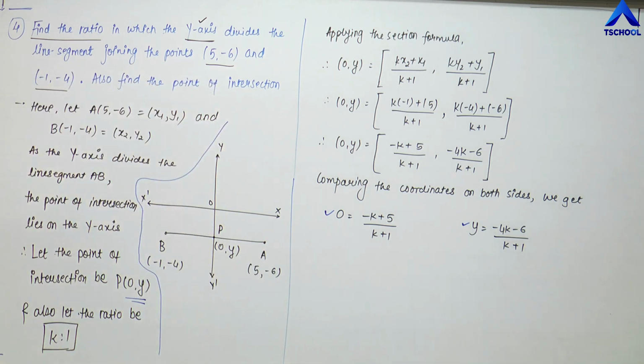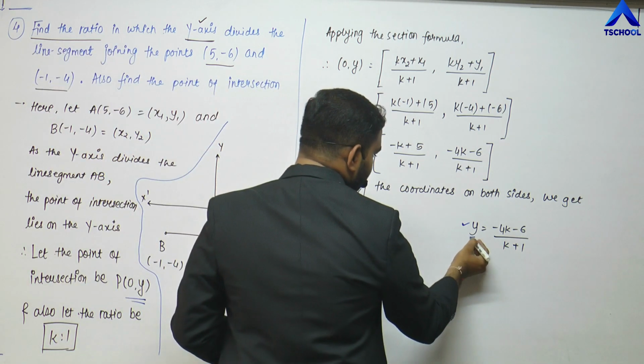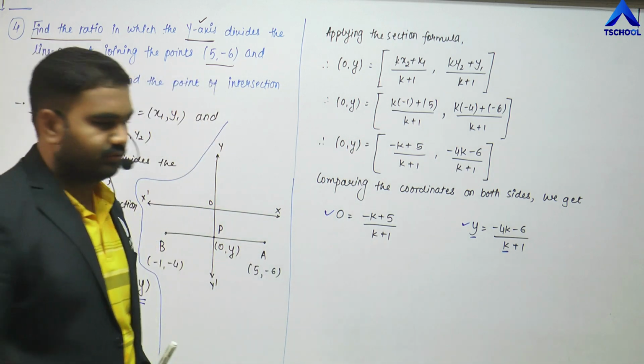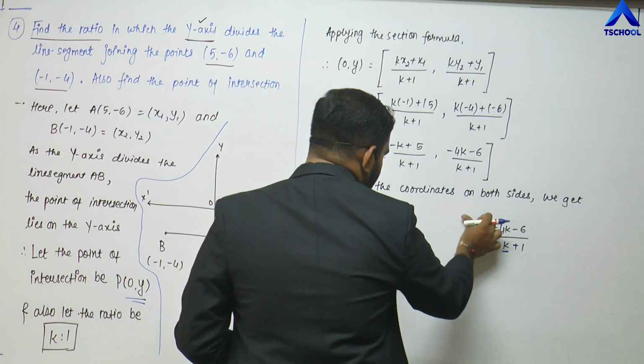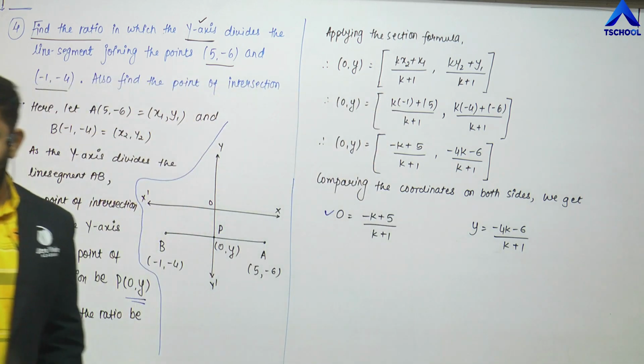As you can see, in the x coordinate equation we have only k, and in the y coordinate equation we have both y and k, and neither is known. So first of all we shall find the value of k from the x coordinate.